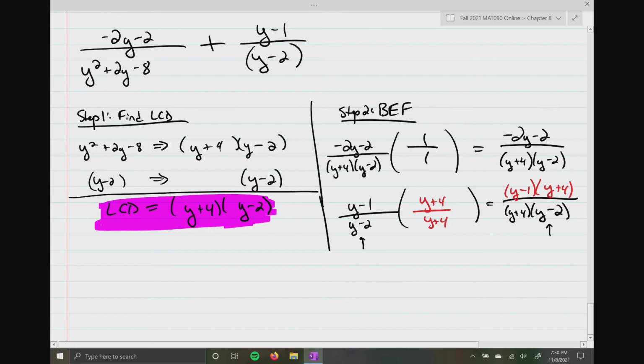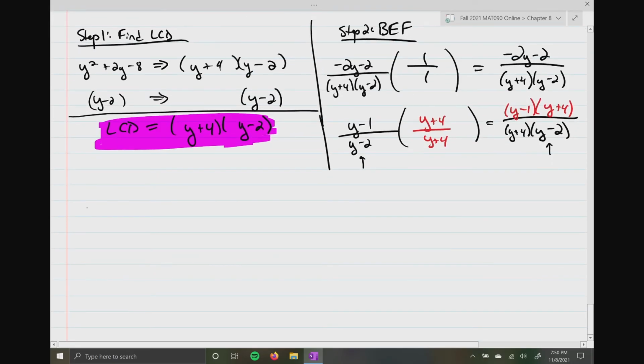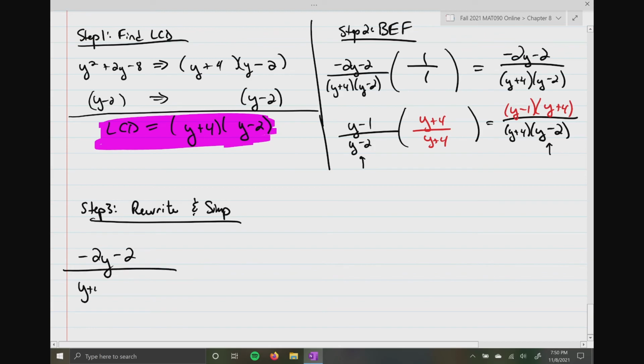All right. Step 3, remember, is rewrite and simplify. All right, so negative 2y minus 2 all over y plus 4 times y minus 2 plus the quantity y minus 1 times the quantity y plus 4 all over y plus 4 times y minus 2.